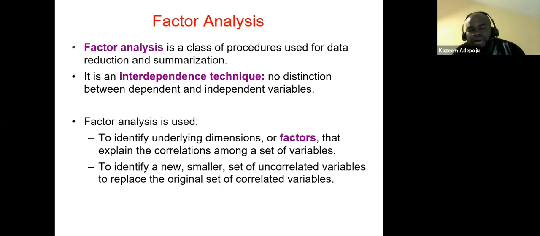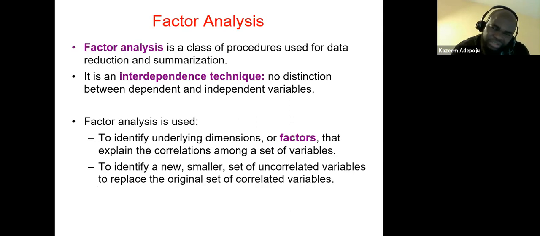Okay, so the second function of factor analysis is to identify a new, smaller set of uncorrelated variables so that I can replace the original set of correlated variables. We know the penalty that is incurred when we use correlated variables.